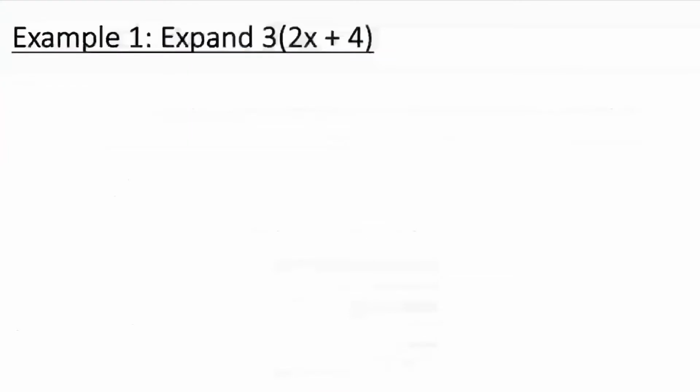Starting with this example, we have 3 on the outside of the bracket and we have 2x plus 4 on the inside of the bracket. I will be looking at a few examples visually. In order to do that, we need to all be aware of the notation that I will be using. I am going to be using tiles. On the outside of the bracket we have 3, and I will be representing that as 3 tiles of 1s.